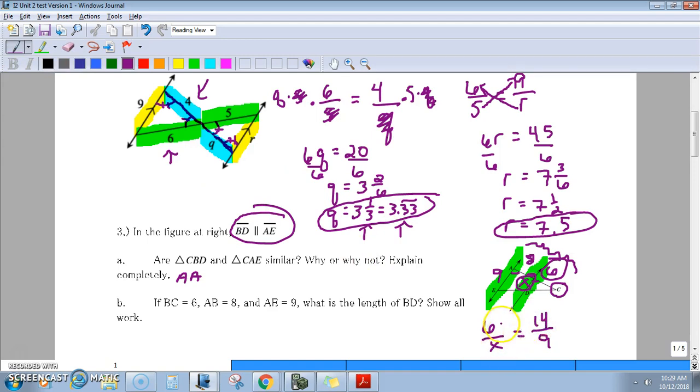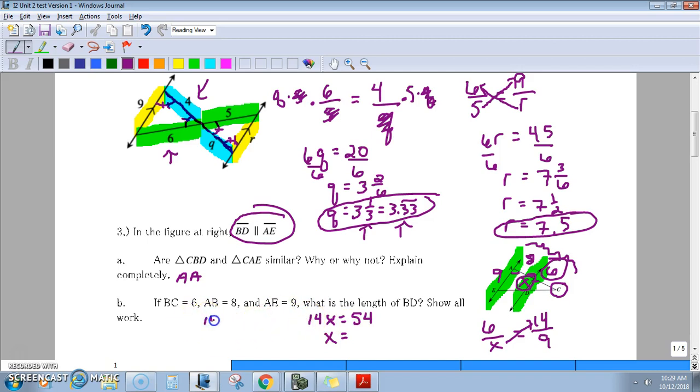Now we can solve. Let's cross multiply. X times 14 will give us 14x is equal to 6 times 9, which is 54. So divide both sides by 14, and you get x is equal to, I don't know, how many times can 14 go into 54? 3?